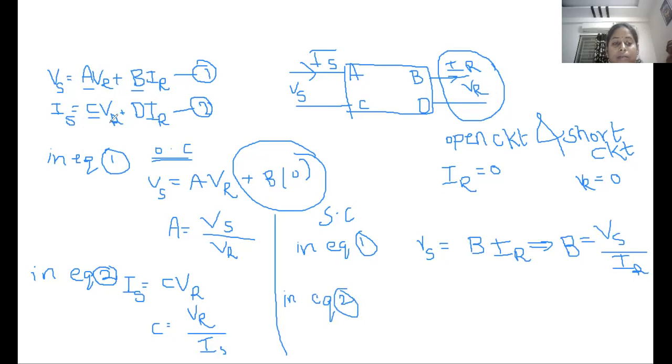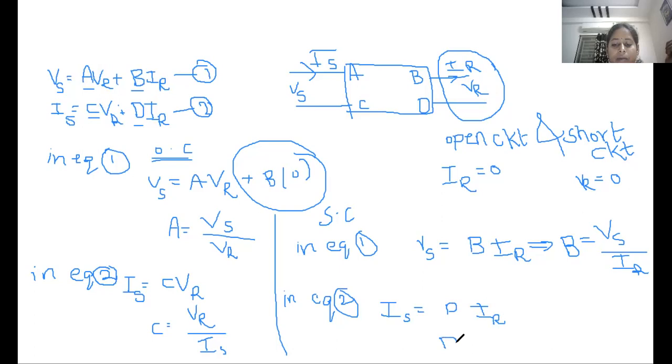In equation 2, substitute VR equal to 0, we can get the value for D. Okay. C into VR equal to 0, so the product value is equal to 0. So IS equal to D into IR.